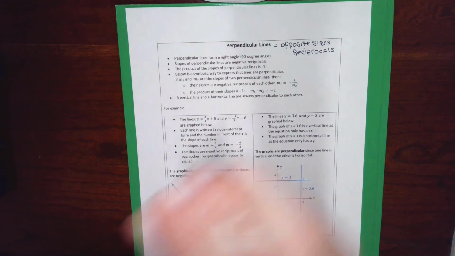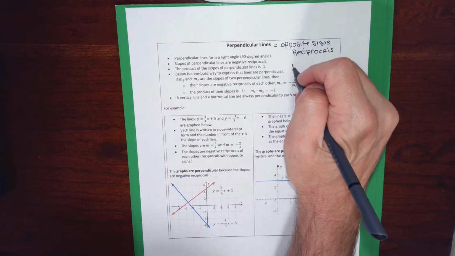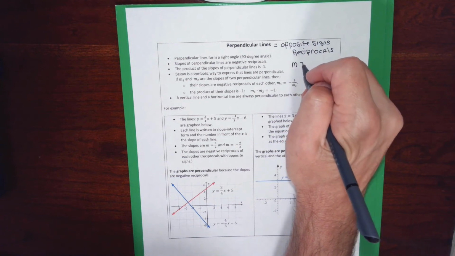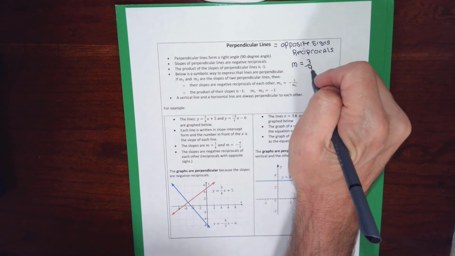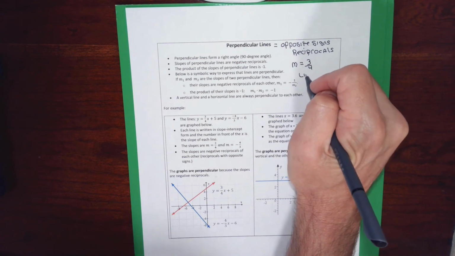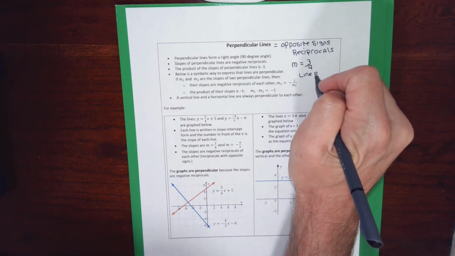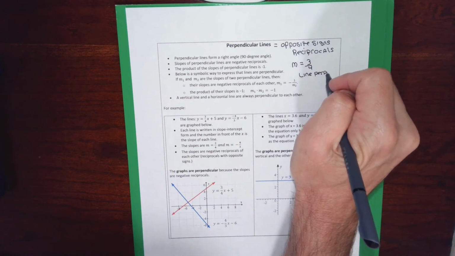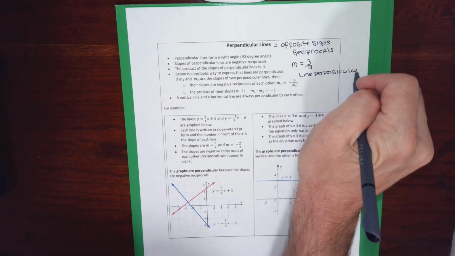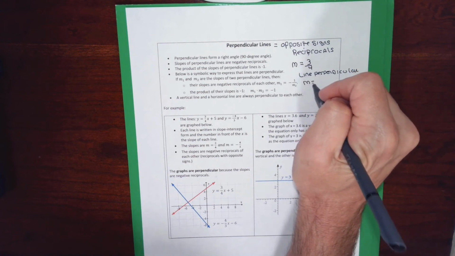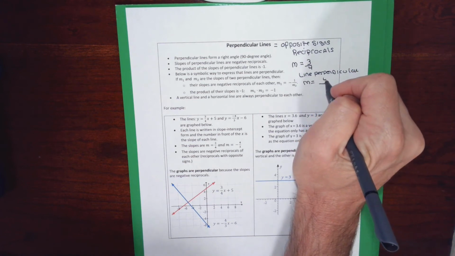So if I gave you two slopes, like if I gave you a line that has a slope of 3/4, the line that's perpendicular to a line that has a slope of 3/4 would have a slope that's the reciprocal with the sign flipped.